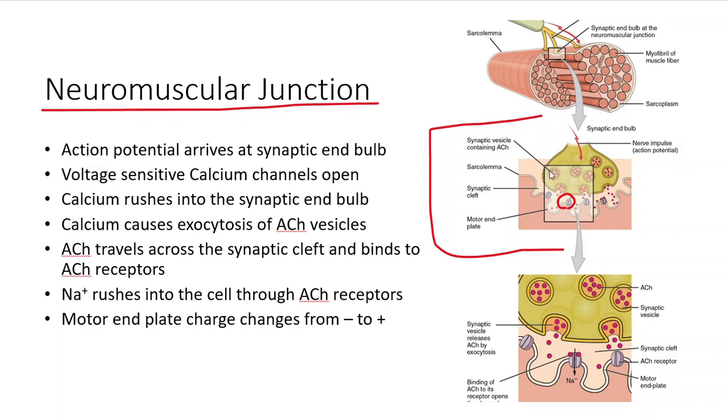For skeletal muscle, it's going to be acetylcholine. That's going to be what's going to be released from the end of the synaptic bulb of the neuron, the nerve cell.